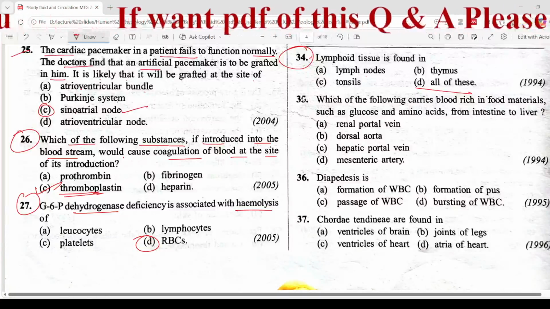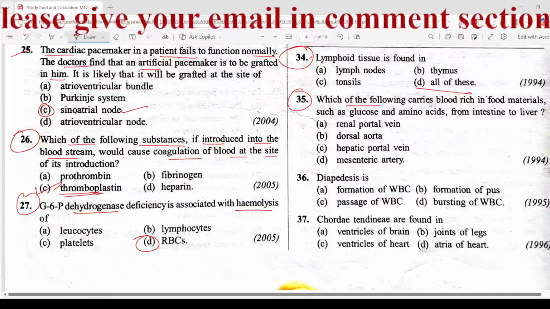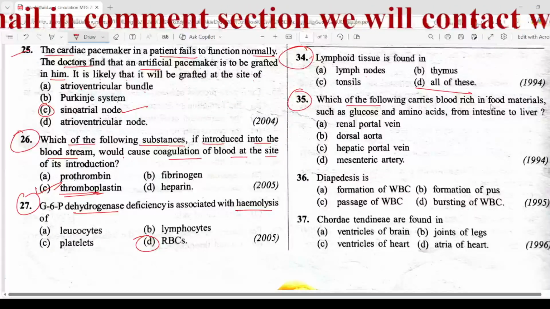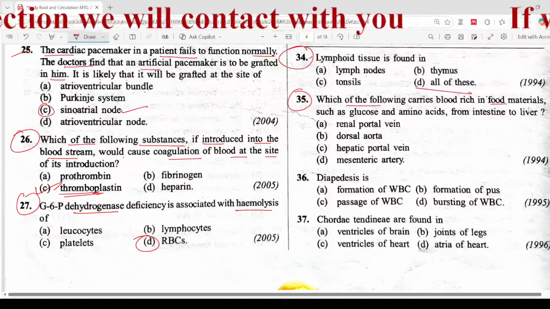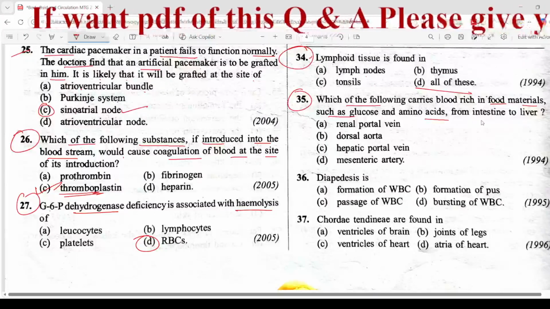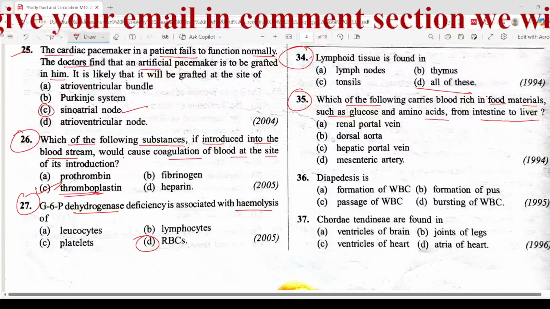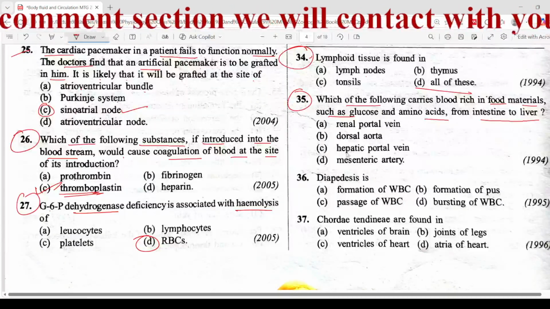And the next question: which of the following carries blood rich in food materials such as glucose, amino acids from intestine to liver? You have to choose the correct answer for this question.